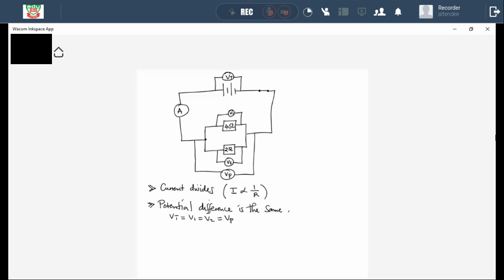That is potential difference. As long as we are dealing with the parallel connection, Vt is going to be equal to V1 and equal to V2 and equal to Vp, right? Because potential difference is the same.